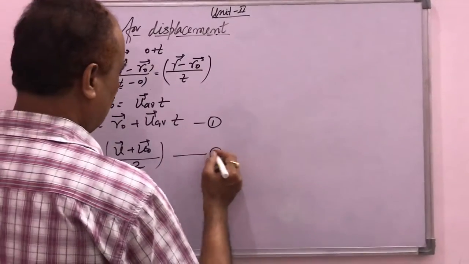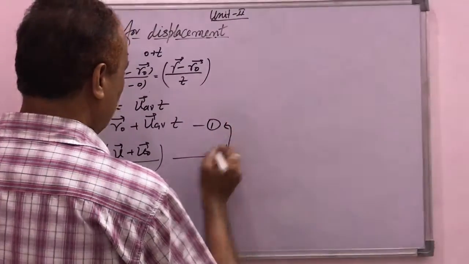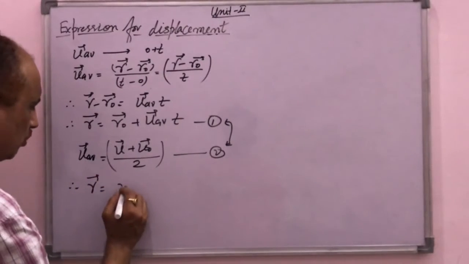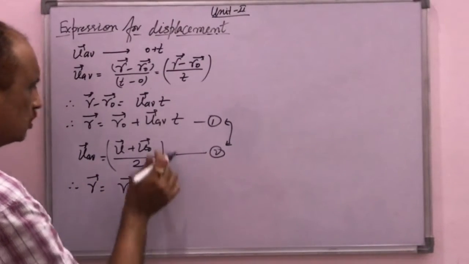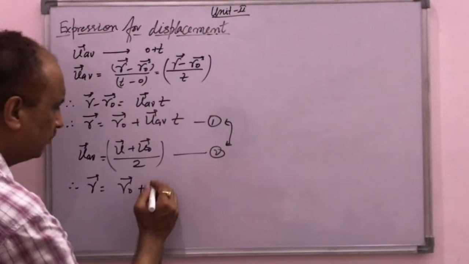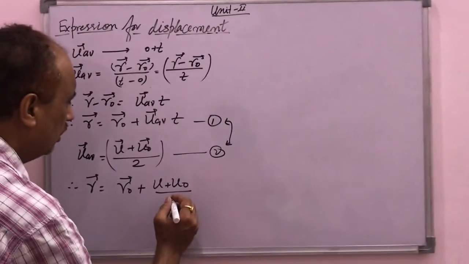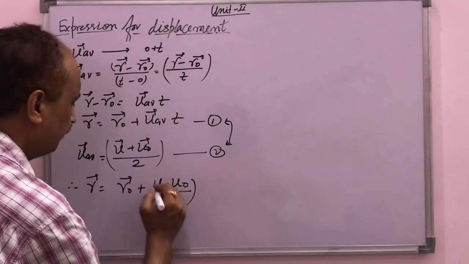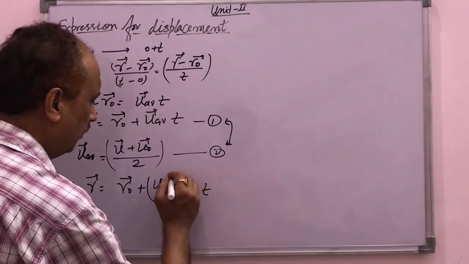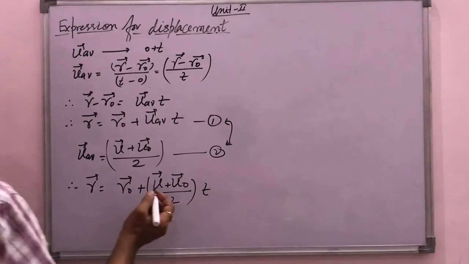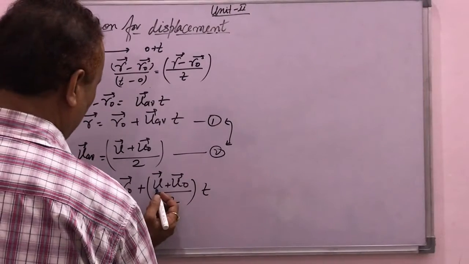So from equation number 1 and 2 we write R vector equal to R naught vector plus V average, that is V plus V naught divided by 2 into time t. So this is the next equation.